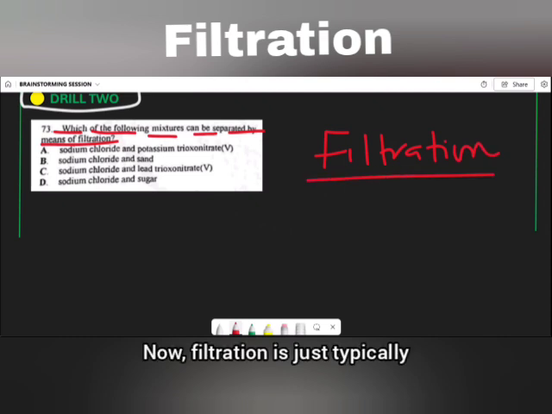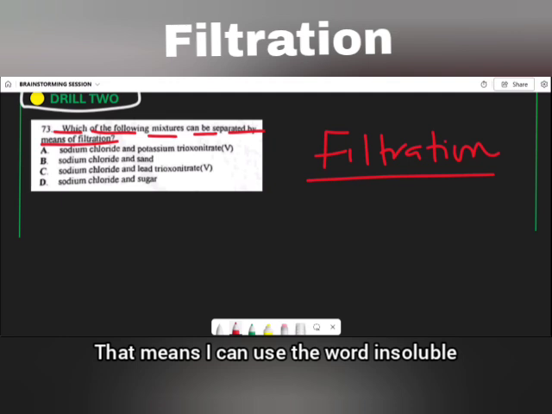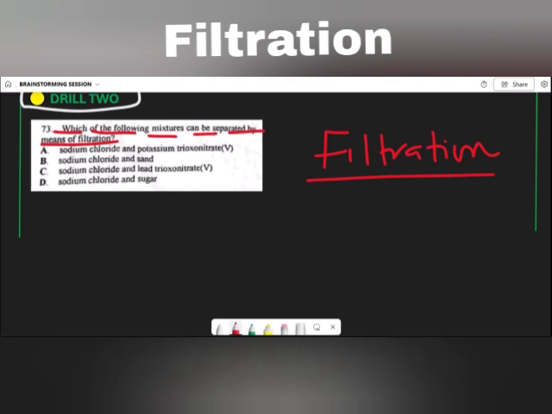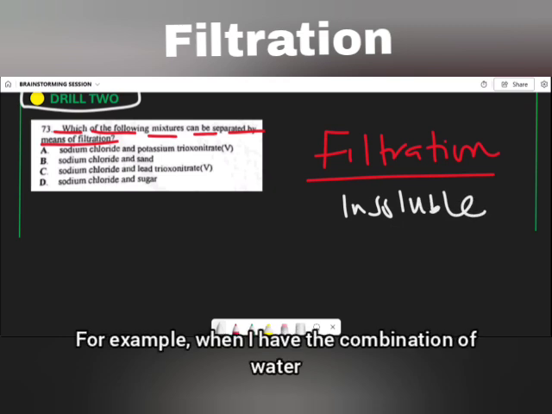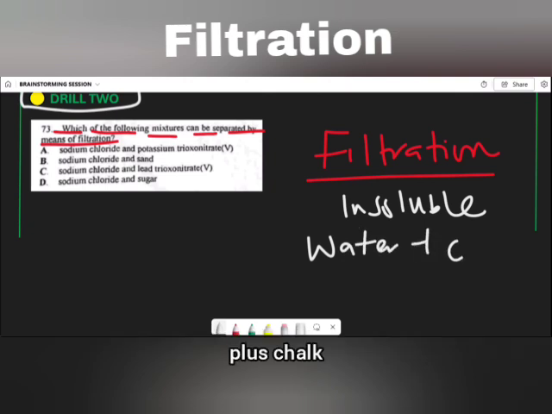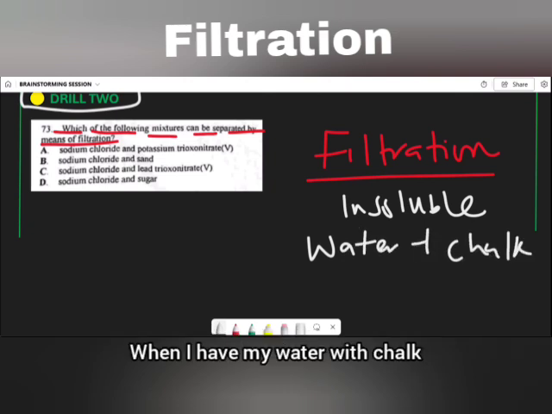Filtration is typically used when you have two substances that cannot fully mix together. That means I can use the word insoluble. For example, when I have the combination of water plus chalk, water cannot dissolve chalk.